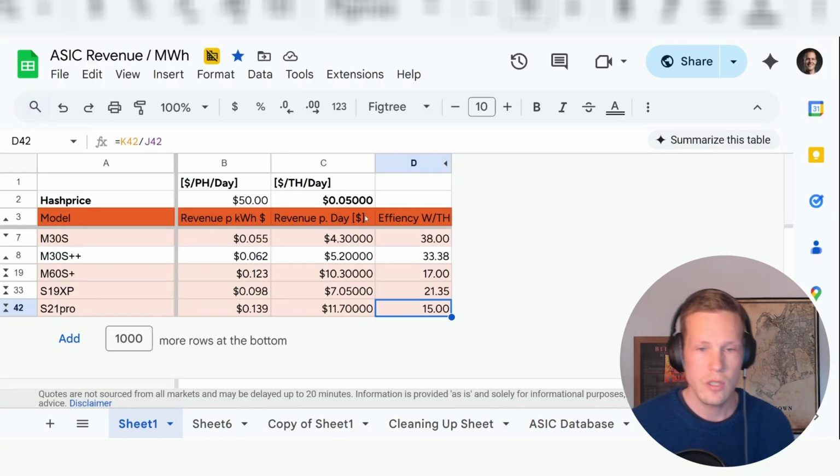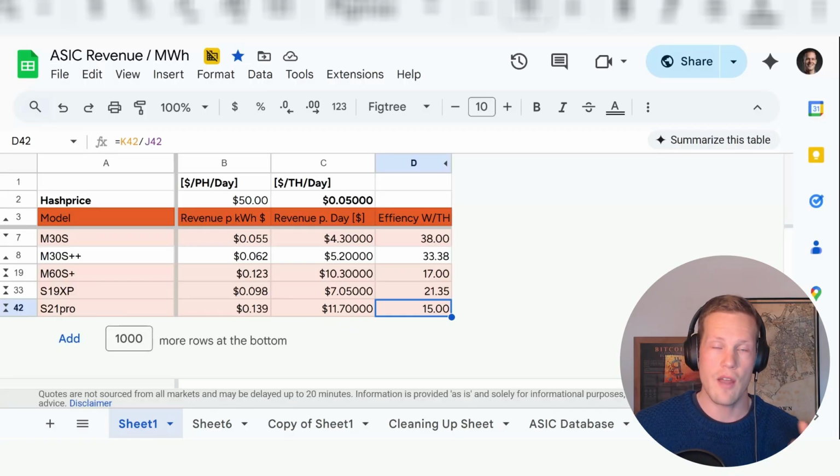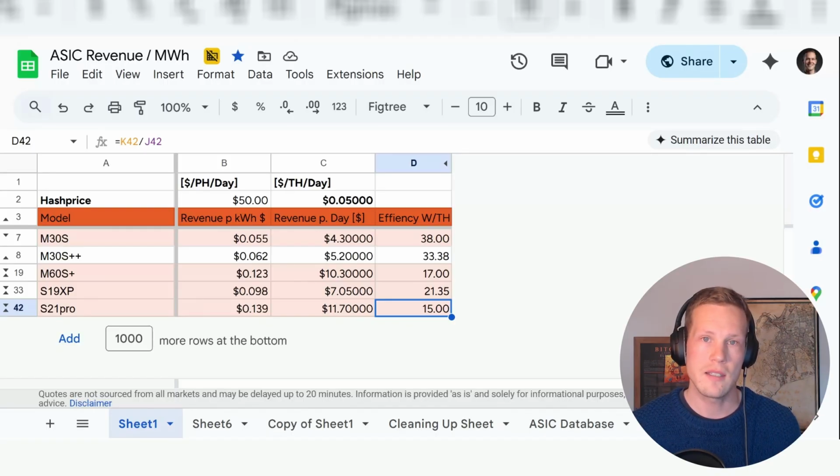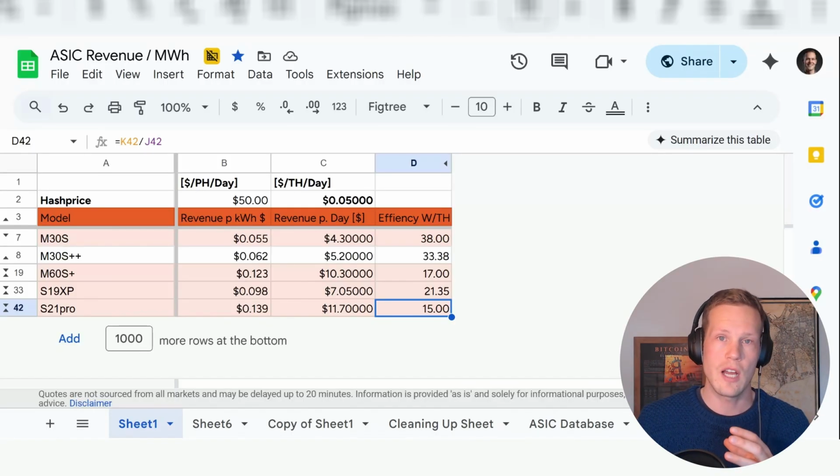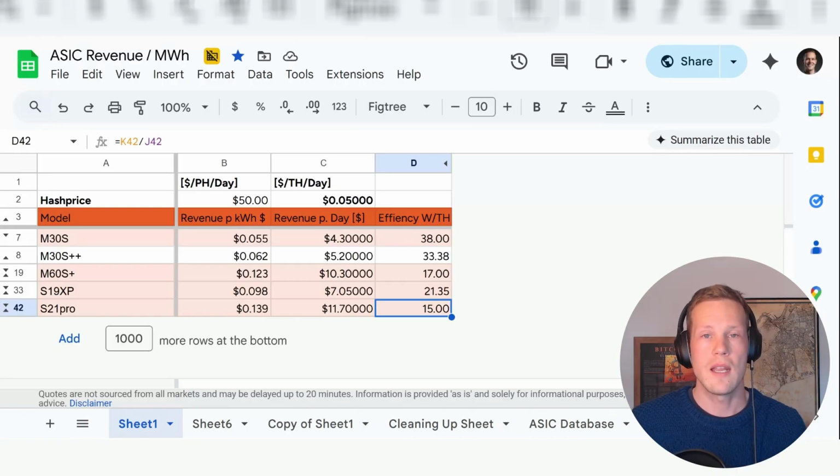Hash price is important because it also enables every miner to calculate their revenue per kilowatt hour, right? If you know the efficiency of your fleet, you can understand how much money do I make versus how many kilowatt hours did my miners consume.